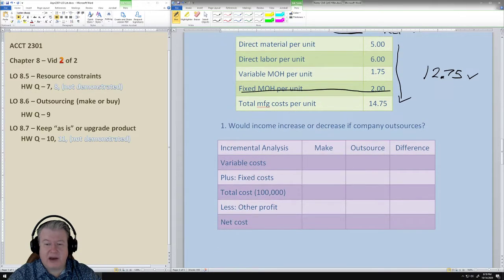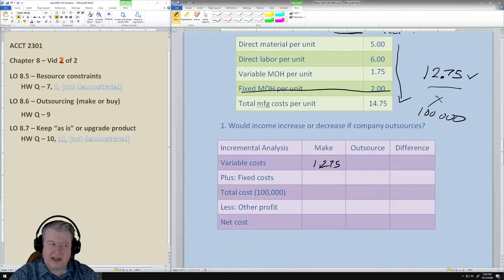Well, we have to do the numbers, right? So what would the increase or decrease be if it outsources? If we look at these variable costs, I'm going to leave off all the zeros here. This is 1275 times 100,000, so that would be 1.275 million.